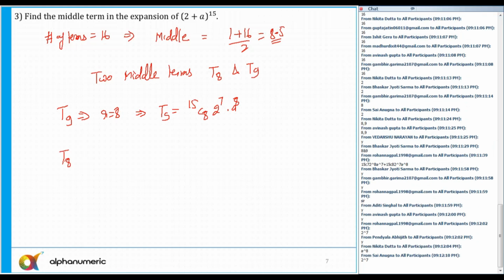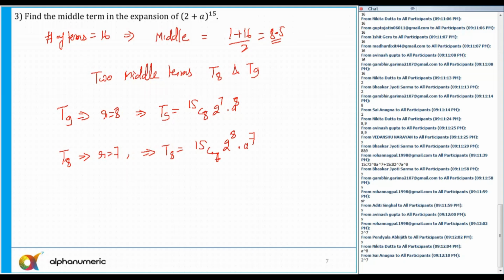And for the 8th term, R is equal to 7. So the 8th term is equal to nCr, that means 15C7 into x raised to power n minus r. So that is 2 raised to power n minus r, that is 15 minus 7, which is equal to 8, and into a raised to power 7. So there are two middle terms.